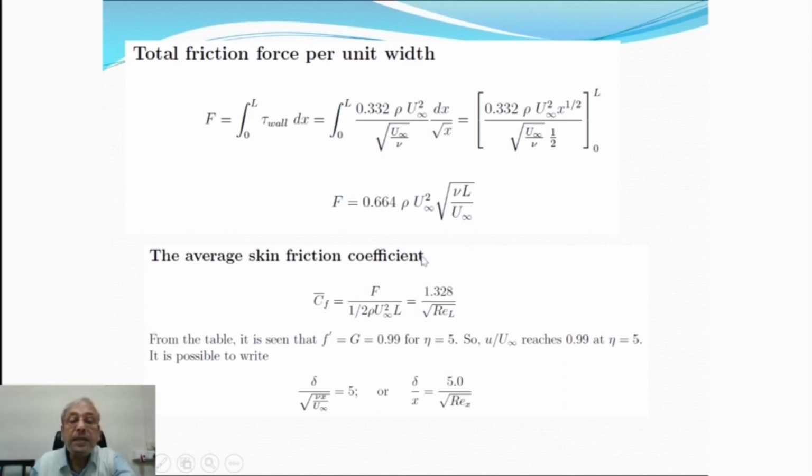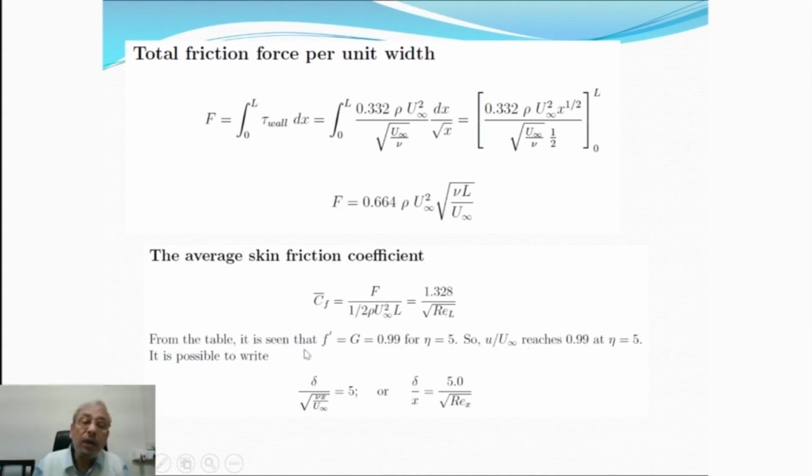Similarly, average skin friction coefficient, which is given by total friction force divided by half rho u infinity square into L, is given by 1.328 divided by root over ReL. Since it is for the total plate, this ReL is u infinity into length of the plate by nu.